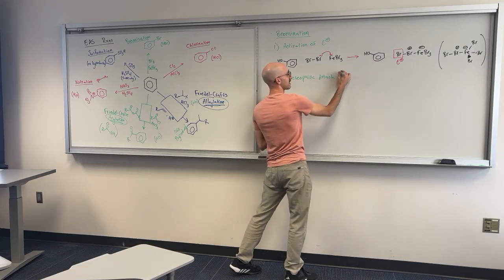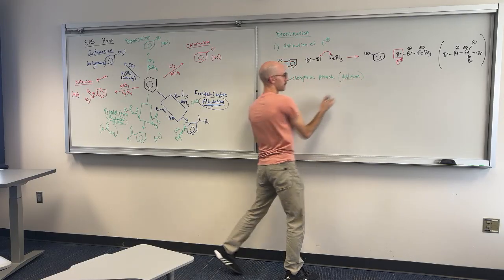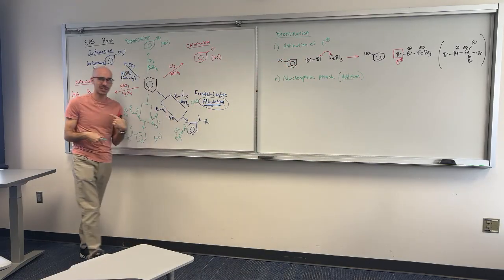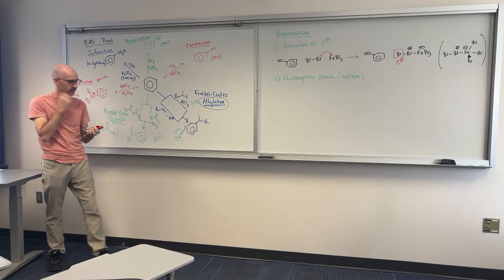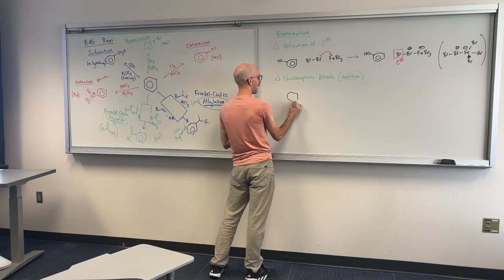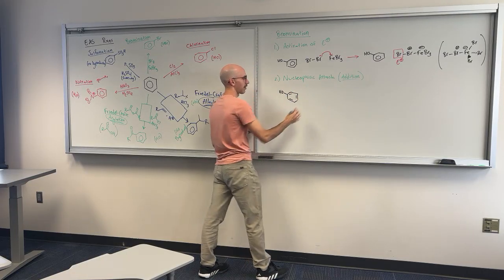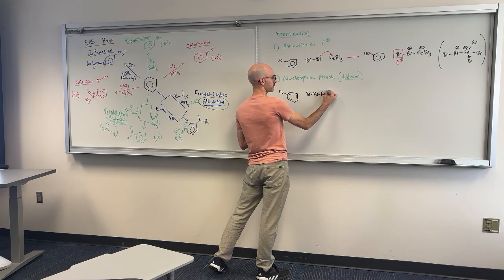Nucleophilic attack, sometimes called an addition step, because it truly is addition followed by elimination, giving us net substitution. In this step, I have to show all of the electrons on my aromatic ring, because this is where it plays a role.